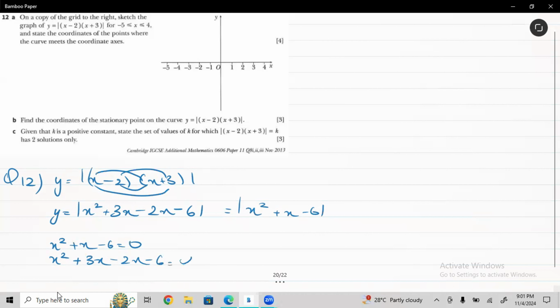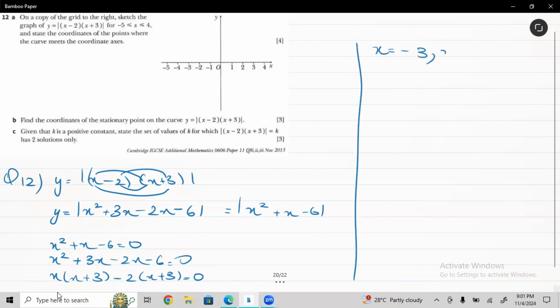So x as the common factor, x plus 3, minus 2 as the common factor, x plus 3 is equal to 0. We get two values for x: x equals negative 3 and x equals positive 2. These are the two intersection points of the curve. You can say this is one point and this is the other point.